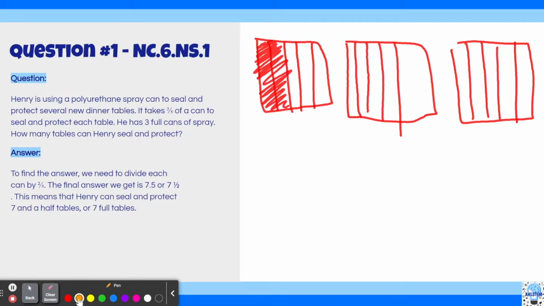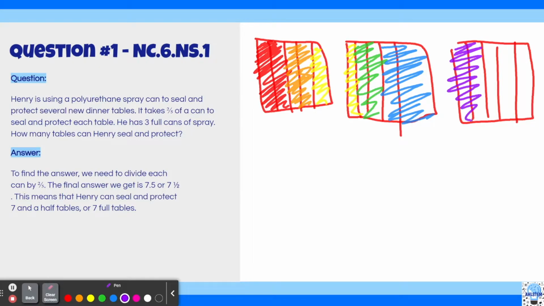One table. Two tables. Three tables. 4 tables. 5 tables. 6 tables. 7 tables.